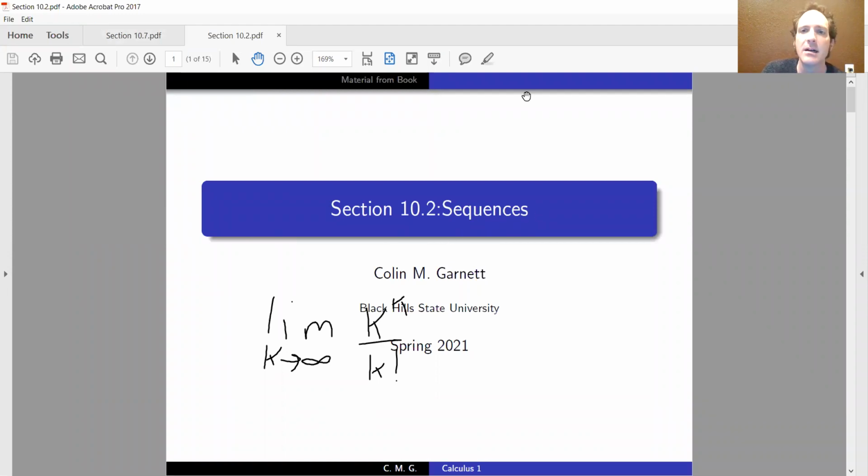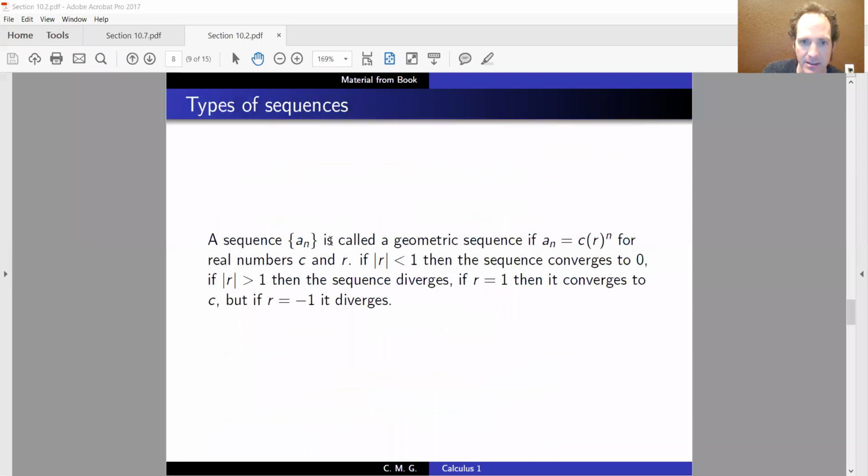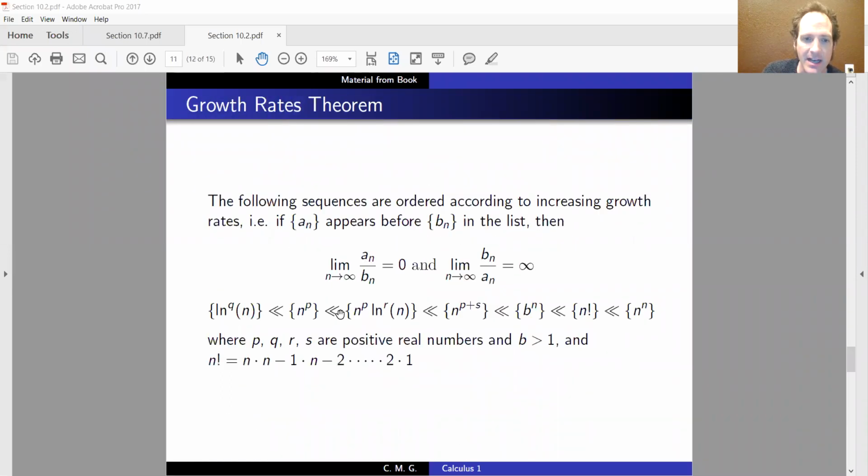But we had a list of these things already. So I'm going to go dig back in here and I'm going to say, okay, we're talking about increasing functions and how fast they are growing. So we're talking growth rates. So growth rate wise, k factorial grows slower than k to the k.